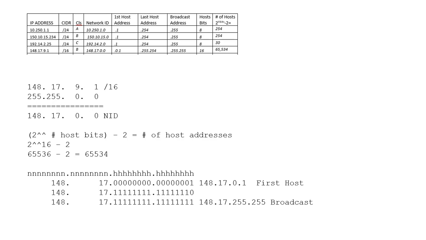Okay? And the address is going to be 148.17.255.254 for the last host. Okay? I hope that helps you out. We're going to do another segment on the other problems that we've got, and these are what we refer to as non-boundary network IDs. Okay.